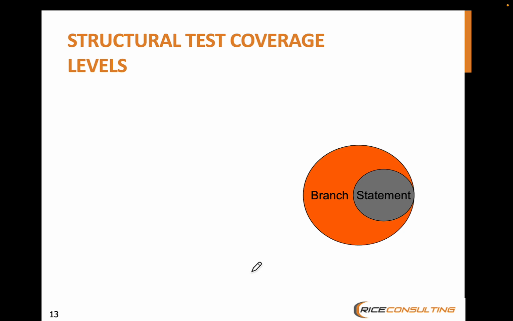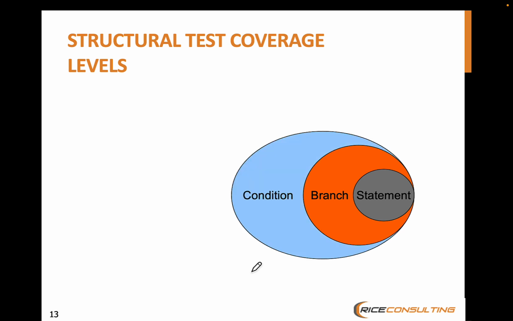Not every branch has to be part of a decision construct, but you're testing all your branches, and that's simply, once again, testing your independent decisions or anytime you're just transferring control to another area of the code.